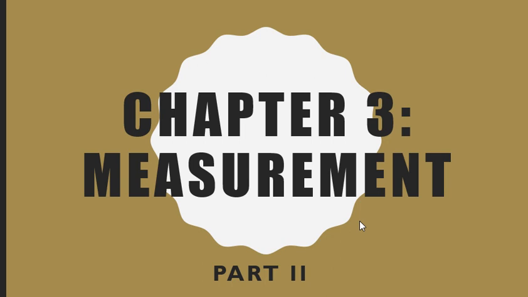The basic unit is meter. Now, this metric system was revised and it became what they call the International System of Units, or the SI units. In part one of this chapter, we discussed those basic units of SI such as mass and weight, length, volume, time, and then temperature.